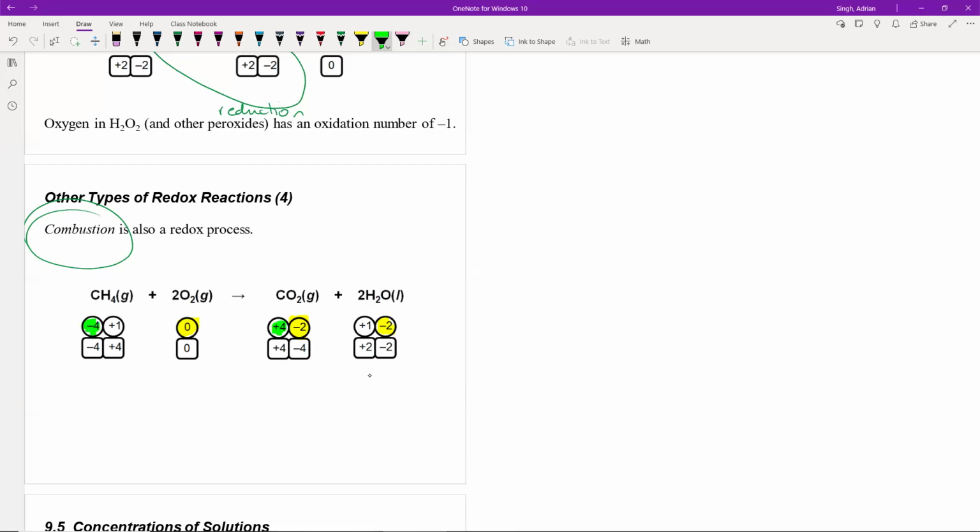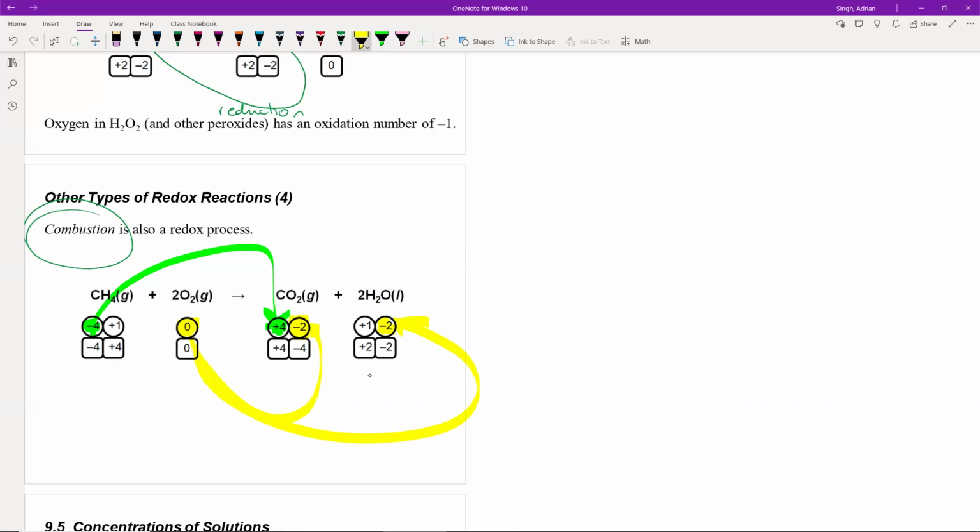It becomes +4. So that's a very obvious example of the carbon undergoing its oxidation number increasing, which is an oxidation process going hand in hand with the reduction of the oxygen in these two products that occur.